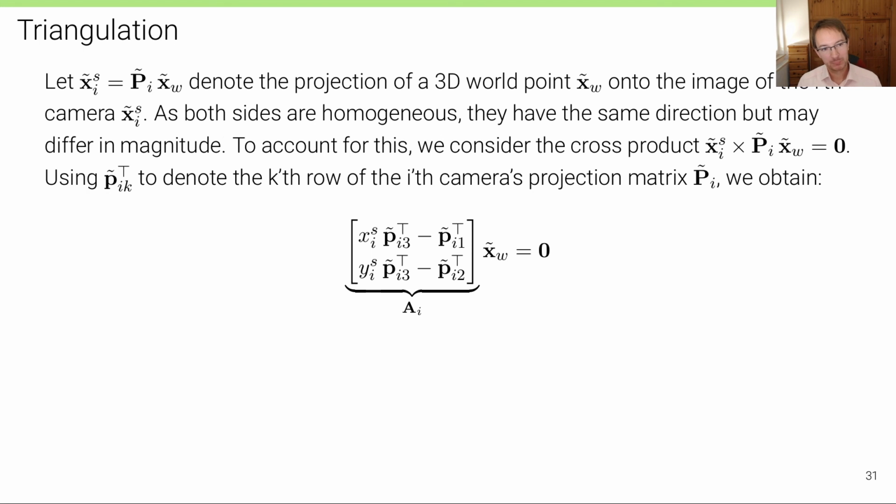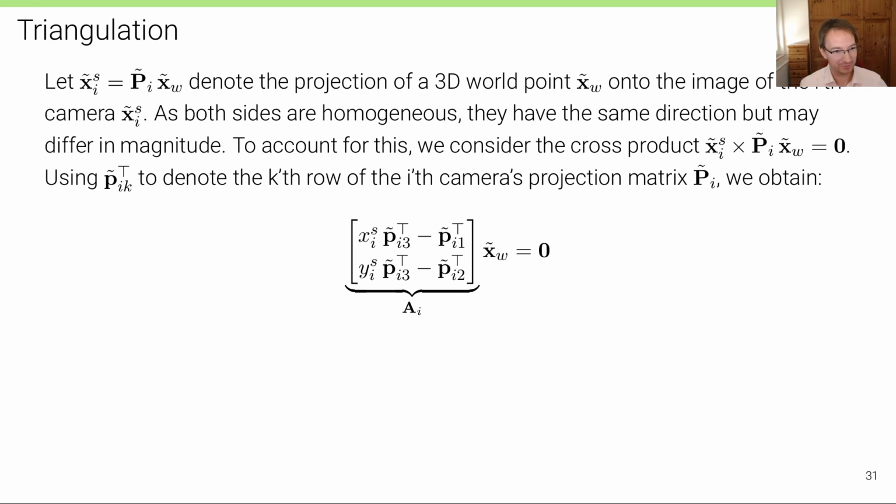Okay, so let x tilde w denote a 3D point in homogeneous coordinates. We could also write x bar, but because we can't recover x bar, we're writing x tilde here directly. And that is related to the point on the image plane.